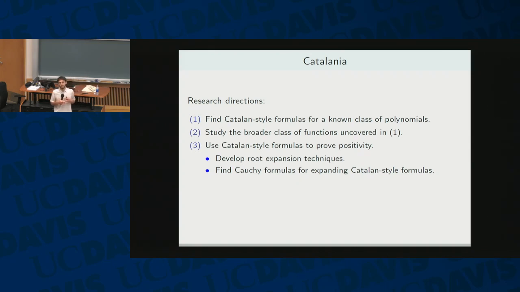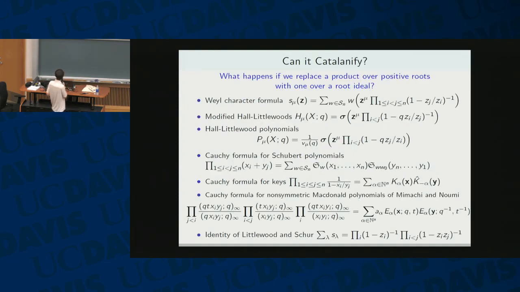One is using these root expansion techniques to maybe prove Schur positivity, and the other is these Cauchy formulas, okay? But in both cases, it's very useful to have all these extra intermediate objects. They really help you with computer experimentation, piecing together a picture of what's going on, okay? And so I'll just end with this slide.